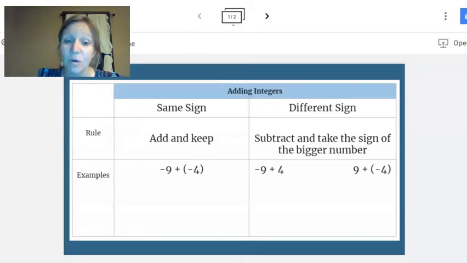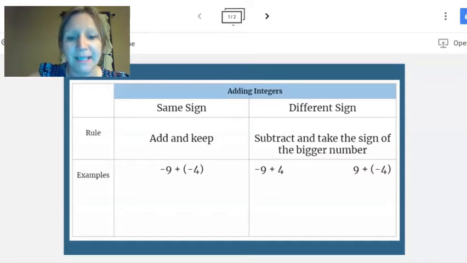The first scenario is that the two numbers that you're adding both have the same sign. If you look at the first column in this chart, if the two numbers really have the same sign, meaning either they're both positive or they're both negative, you're going to add the two numbers together and keep the sign.